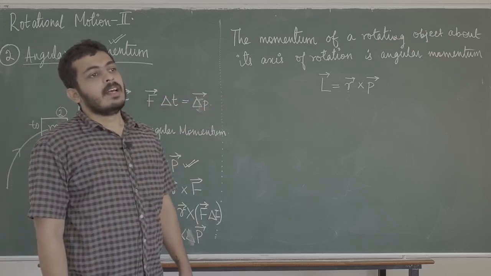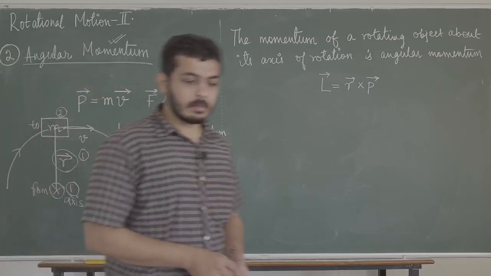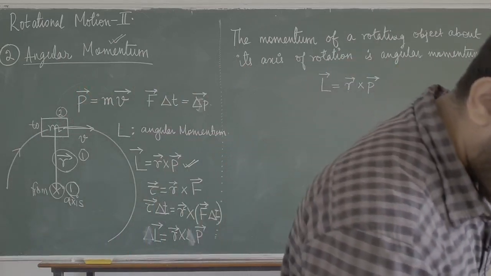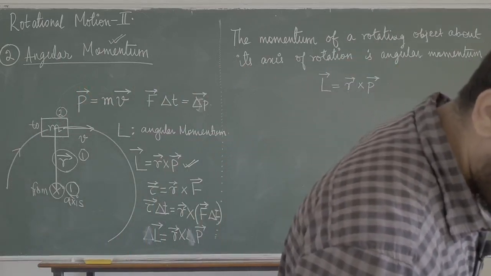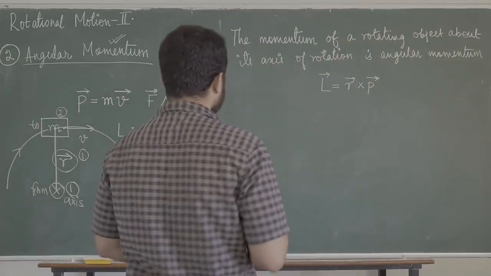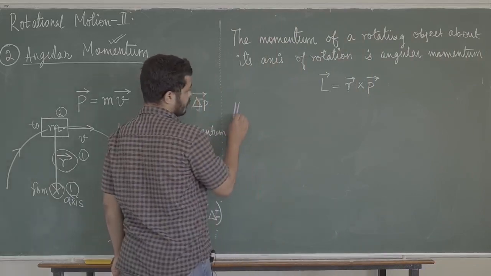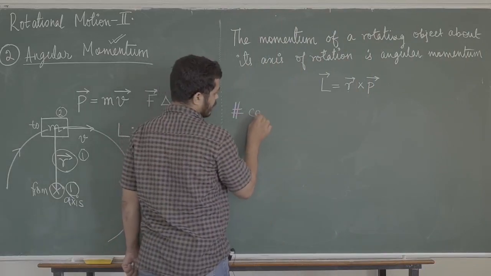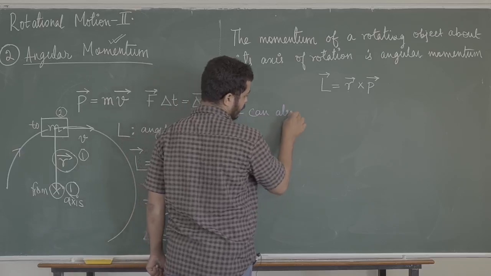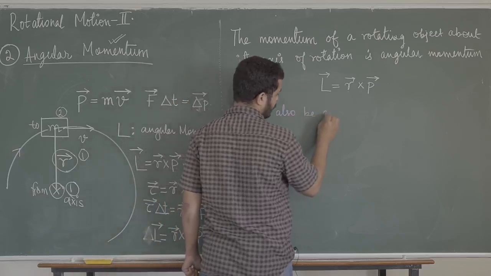Keep one thing in mind. Angular momentum can also be defined for objects that are not rotating. This is an important point.